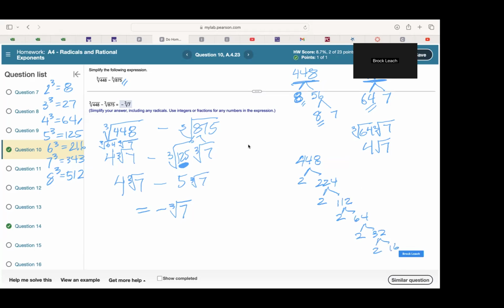I screw up somewhere along here. How am I getting all 2s? 224, 212. Oh, that's where I screwed up. 112 divided by 2 is 56, not 64.